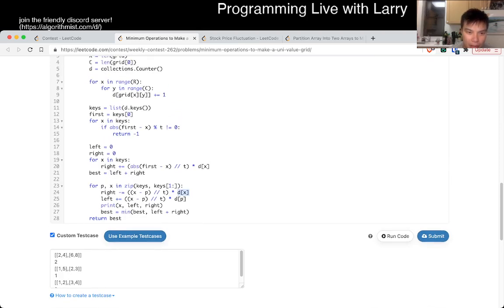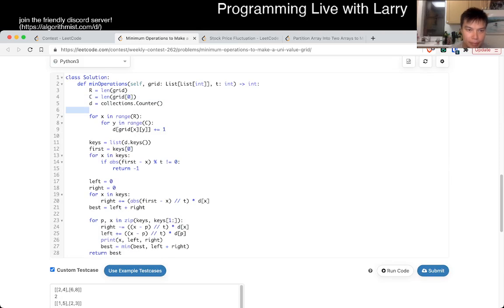We should not have done this with counters. I think that actually mixed it up a little bit. I'm spending way too much time on this. Okay, that seems right.